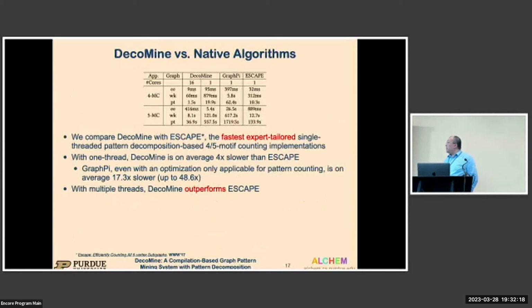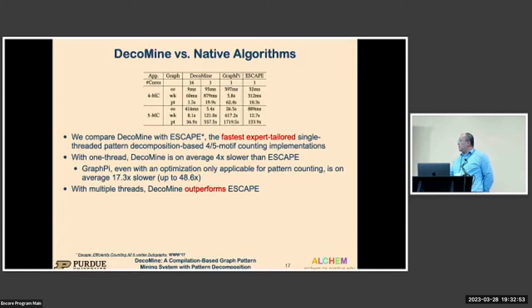So this slide basically shows that our system can indeed close the gap between the performance of the system and the native algorithm. And here we compare our performance with Escape, which is a native algorithm for pattern decomposition. It's optimized by experts for the specific patterns here, right? And with one thread, we found that our system, on average, is 4 times slower than that algorithm, and this is because we cannot apply some of the optimizations that are specific to this pattern.